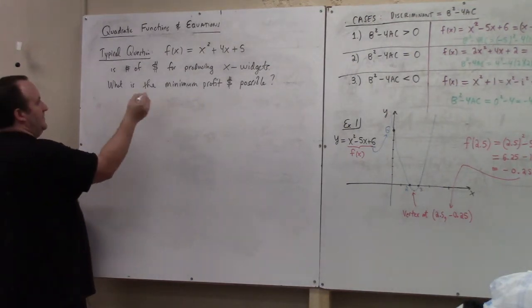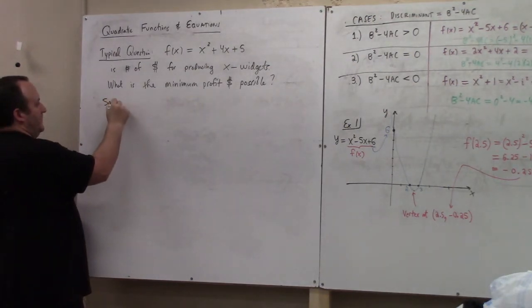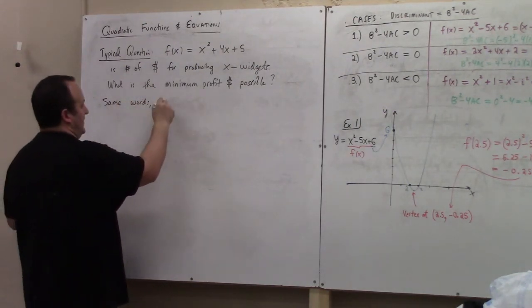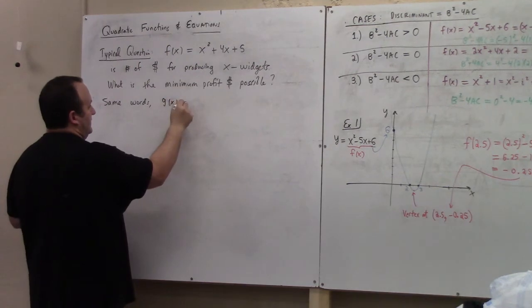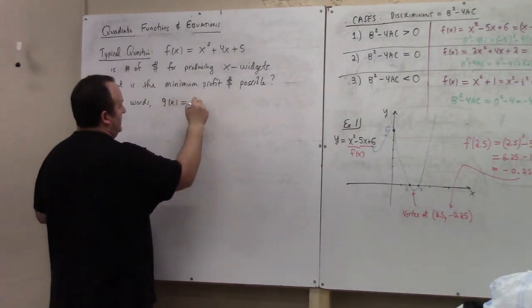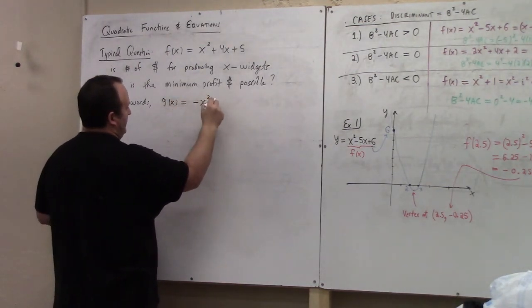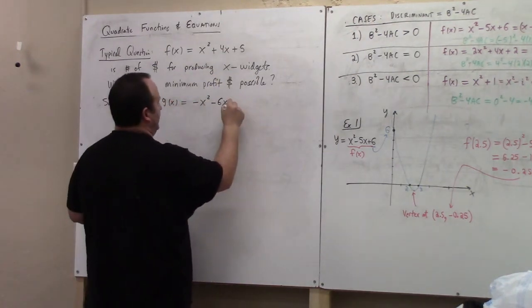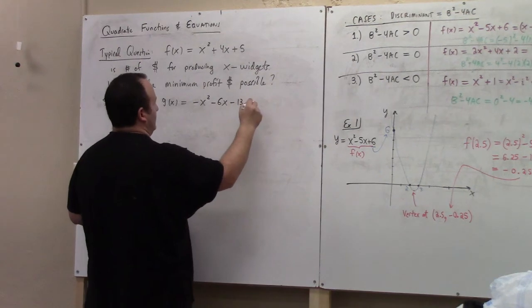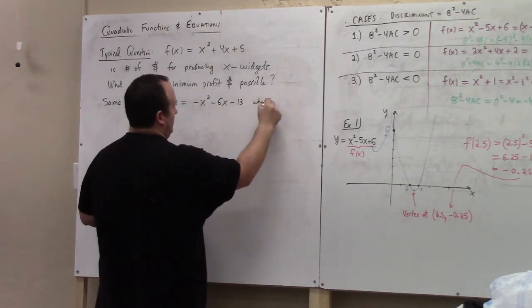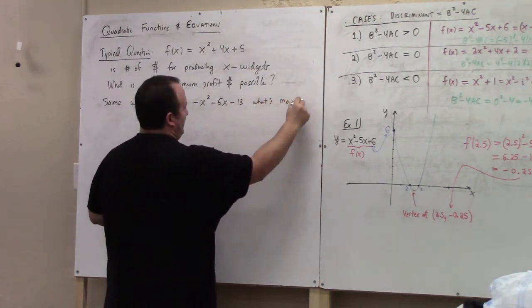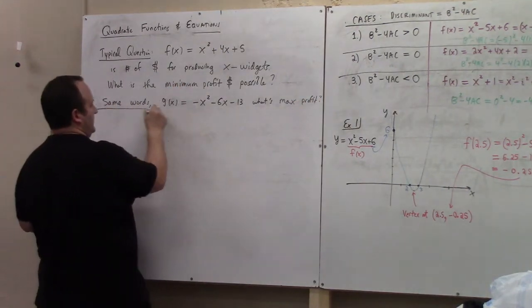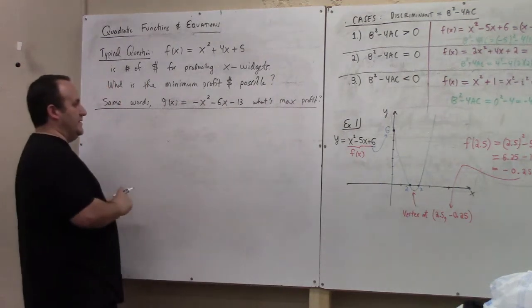Same words, almost, but if I had g of x is equal to minus x squared minus 6x minus 13, what's the max profit? Basically same words, but with max, okay?